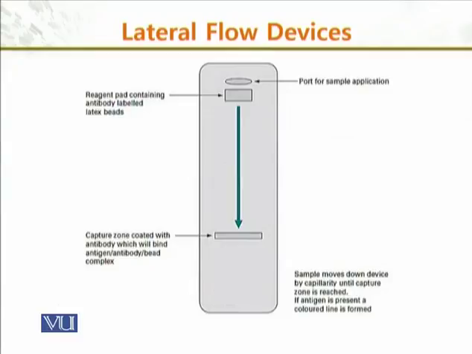Now, what is a lateral flow device? It can take the form of a strip, and for example, there is a port for sample application on the top of the strip. Then there are the reagents which are required. Through capillary action, the sample passes through the capture zone at the bottom, which is created with antibody, which will tend to bind with the complex.